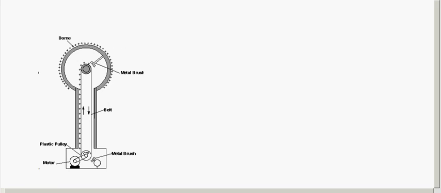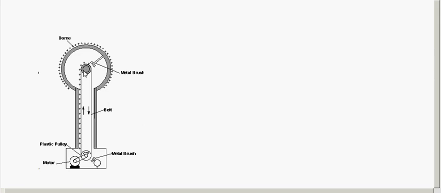The large spherical conducting shell is supported at some height above the ground by an insulating column, and a long belt, generally made of rubber or silk, is wound around two pulleys.